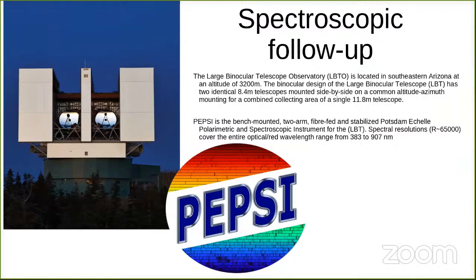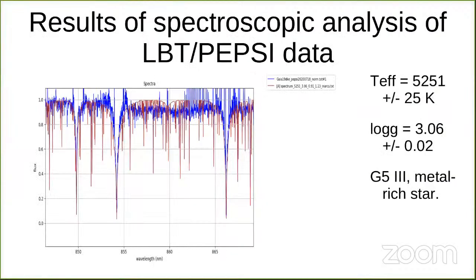From the spectrum we got effective temperature, log g, and metallicity. We see that it is a G5 giant, metal-rich star. This is the information we needed to know about the source star.